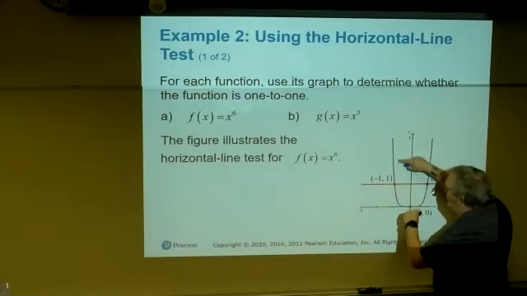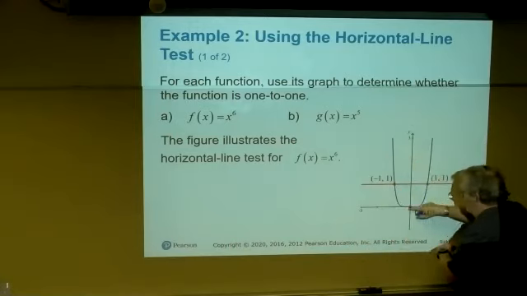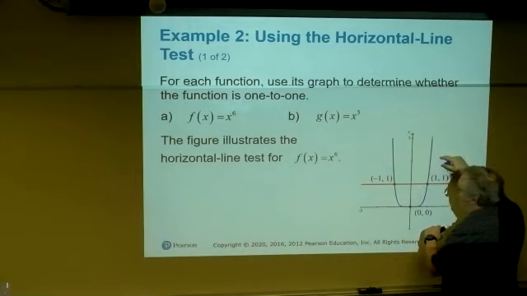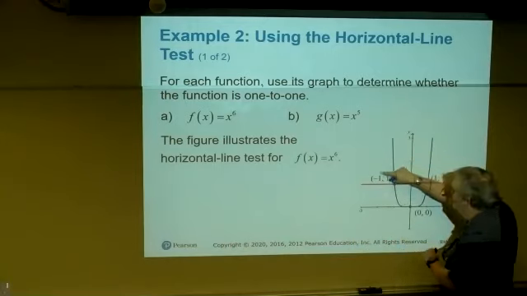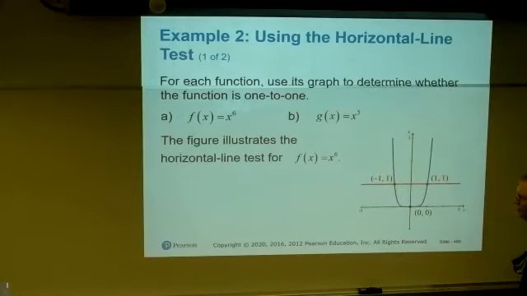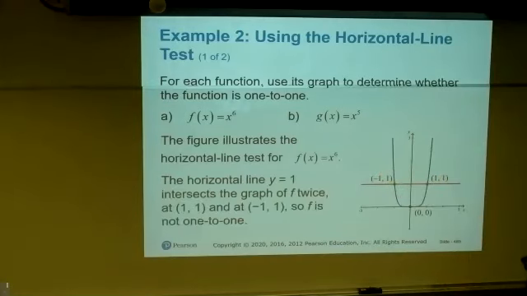All except for one horizontal line that hits this graph will hit this graph in more than one place. So it's not one-to-one.